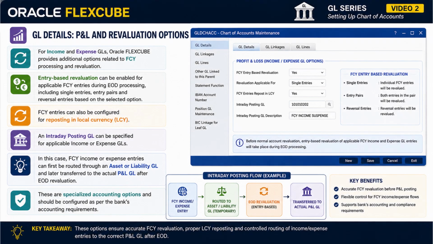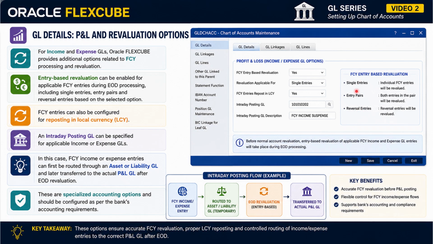GL details. P&L and revaluation options. For income and expense GLs, Oracle FLEXCUBE provides additional options related to foreign currency processing and revaluation. Entry-based revaluation can be enabled for applicable FCY entries during end-of-day processing, including single entries, entry pairs, and reversal entries based on the selected configuration.